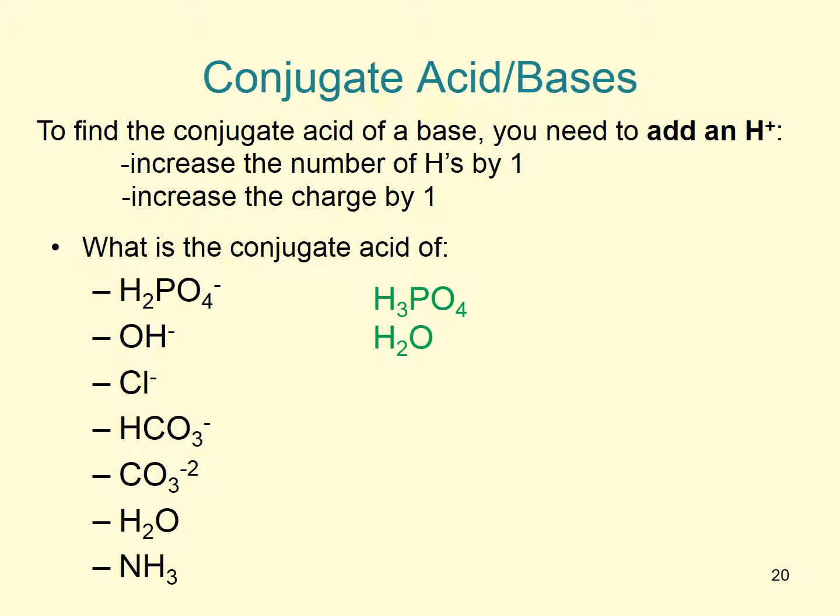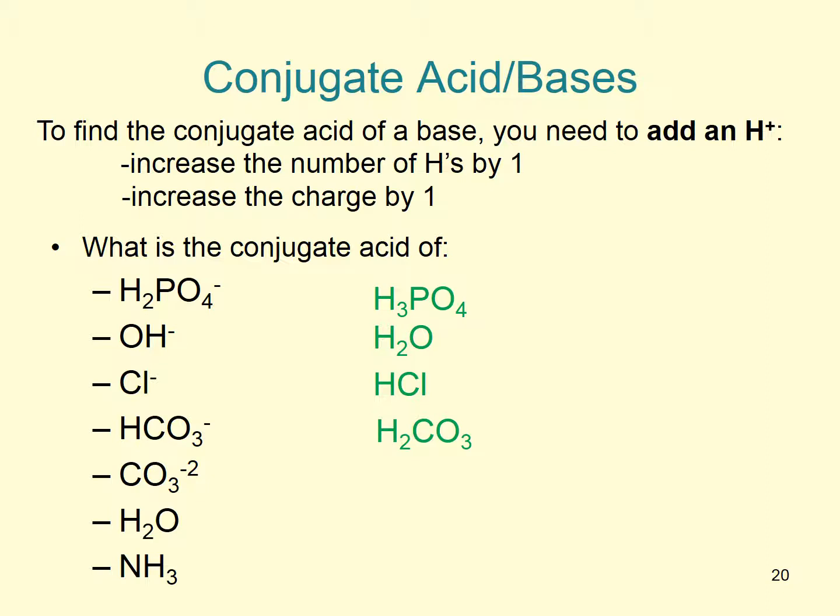So OH negative will become H2O. It's one of the weird ones where you swap it around. Normally, for the most part, you just write the H in the front, but H2O is one that gets swapped around. So Cl negative will become HCl. HCO3 negative, again, we're going to add an H, so it becomes H2CO3, and because it's a -1, it'll become neutral.